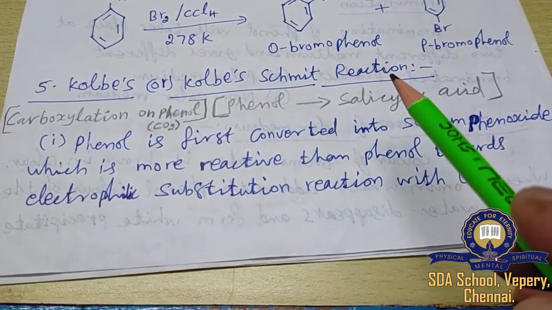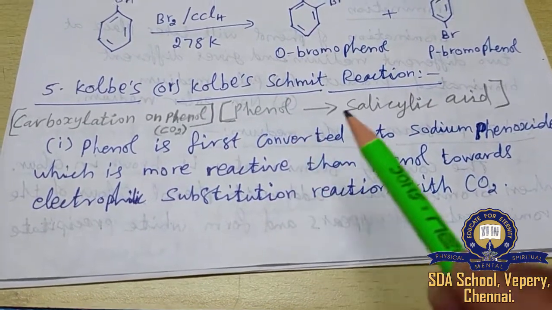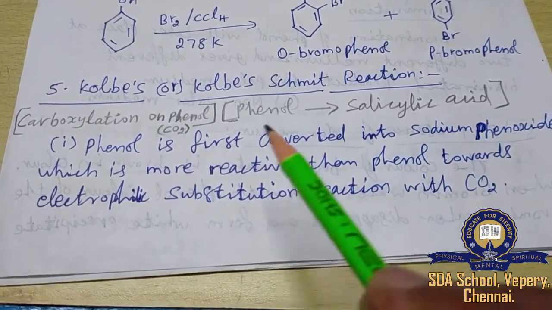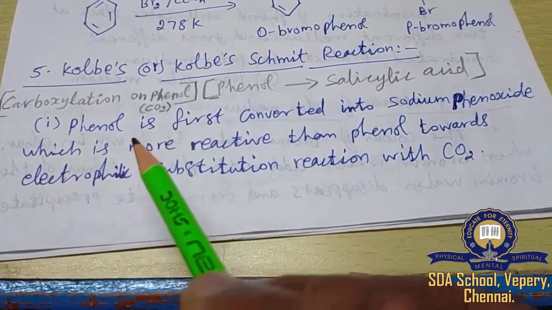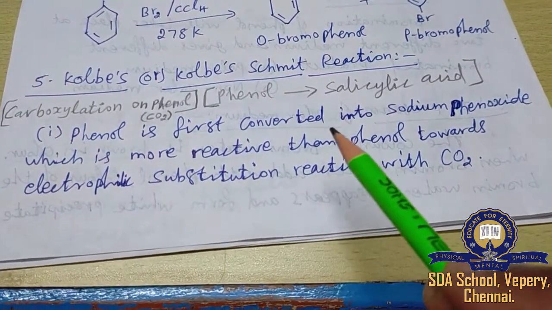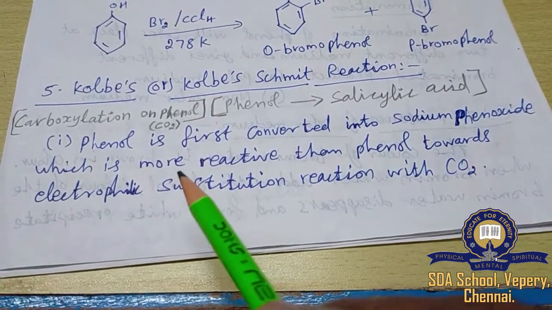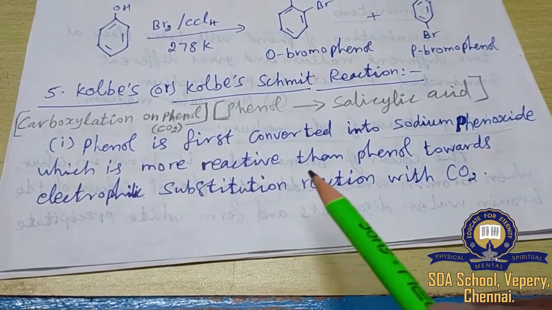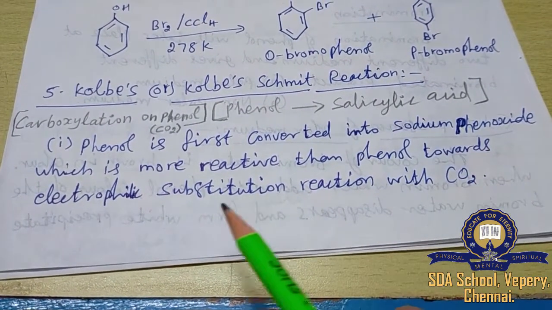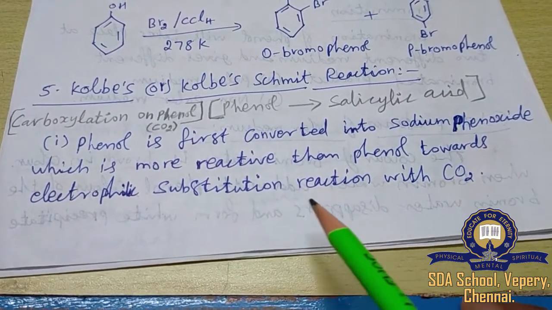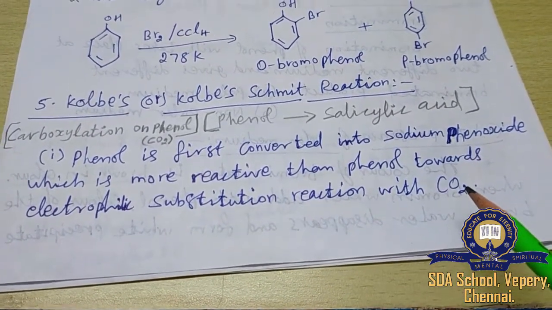The Kolbe-Schmitt reaction is nothing but the conversion of phenol to salicylic acid, that is addition of carbon dioxide. Phenol is first converted into sodium phenoxide, since it is more reactive than phenol towards electrophilic substitution reaction with carbon dioxide.